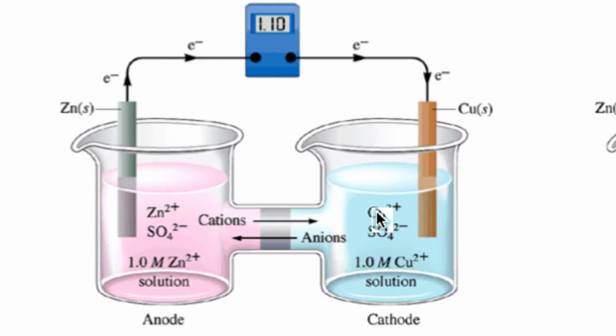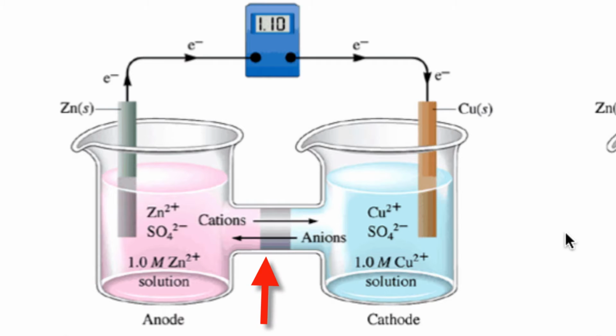And when they gain electrons, they'll form on the outside. So if you were to actually look at this, the zinc electrode over here will actually get smaller, and the copper cathode over here will actually get bigger over time. Now, if you want to get it back to the state it was before, you just have to apply an electrical force and make those electrons travel back to where they were originally.